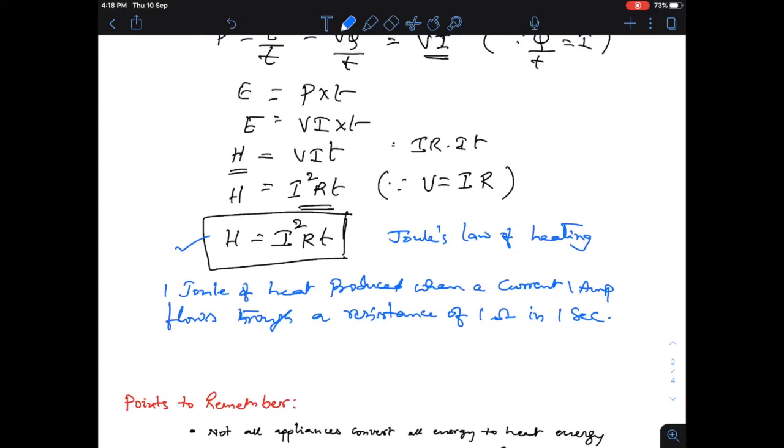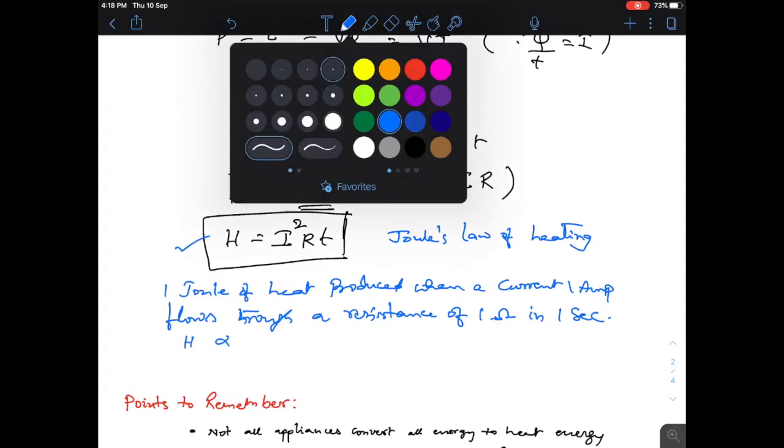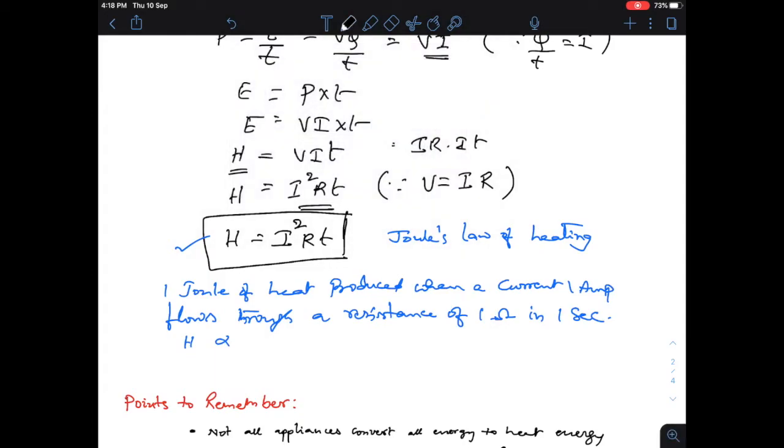Now this heat produced is directly proportional to 3 parameters. Number 1, it is directly proportional to I square for a given resistor, and then it is directly proportional to resistor R for a given current.